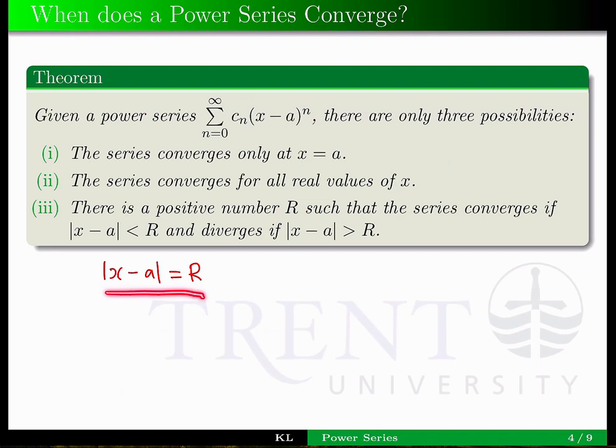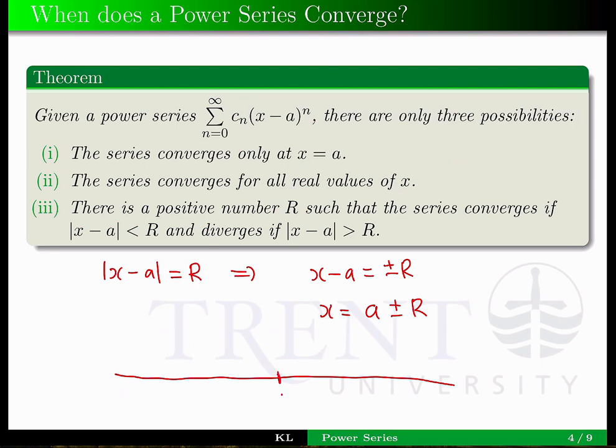If we look at this, x minus a equals plus or minus r, or x is equal to a plus or minus r. So if we look at that on the interval, this is your a, and this one here is of length r.